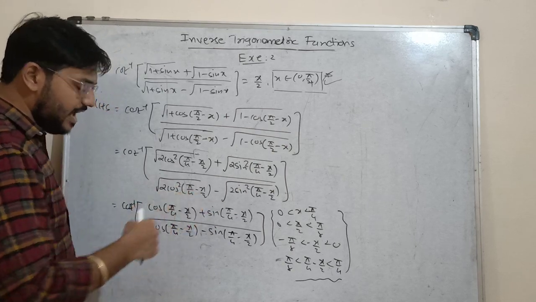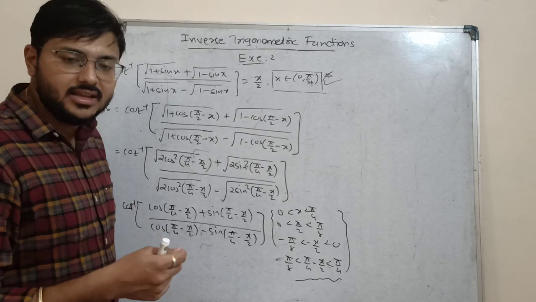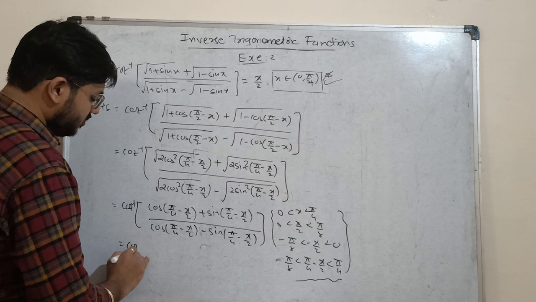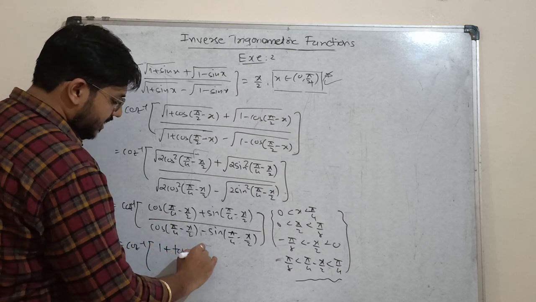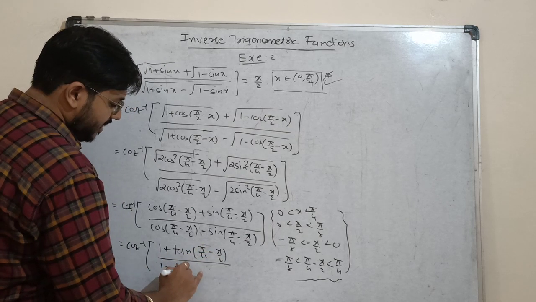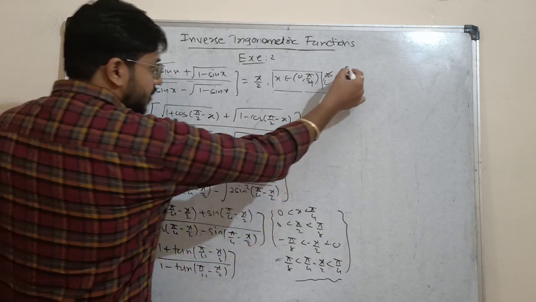Okay, now let us divide with cos, because as we want to obtain the equation of tan, we need 1 minus compulsory. So I need to divide with cos. So here I will get 1 plus tan pi by 4 minus x by 2 upon 1 minus tan pi by 4 minus x by 2.